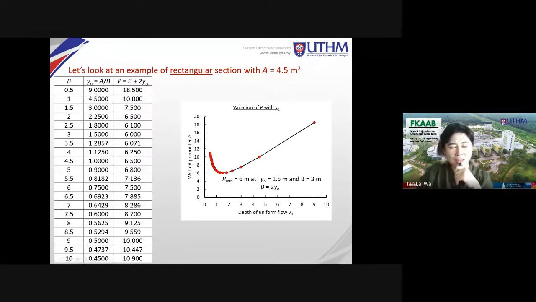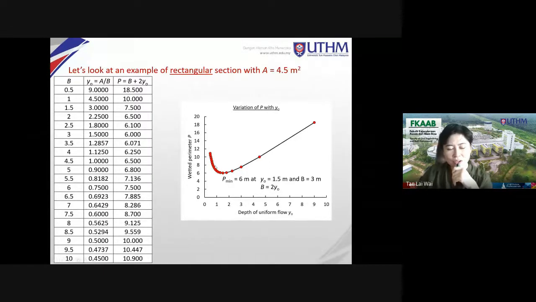So what is happening now is my Y changes as well as my wetted perimeter. So from now on, the best section is when we keep the flow area constant. That is one of our assumptions that we use. The flow area is constant. Now, when I plot, I have different B, and that will change my Y as well.